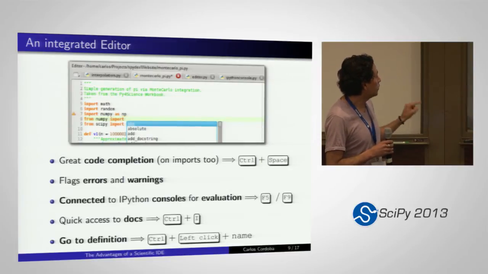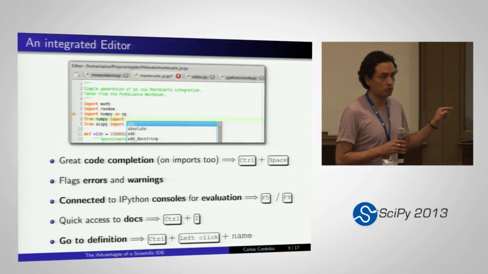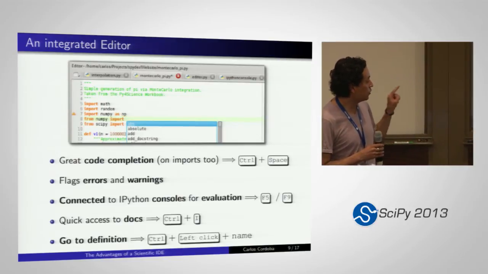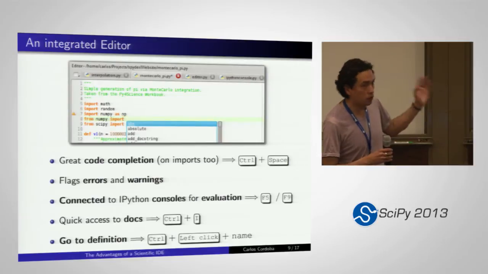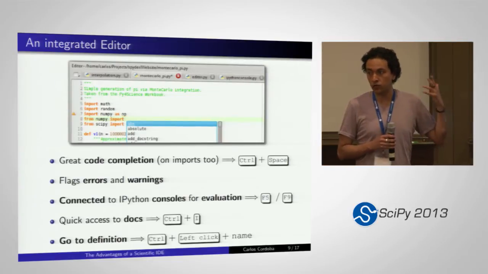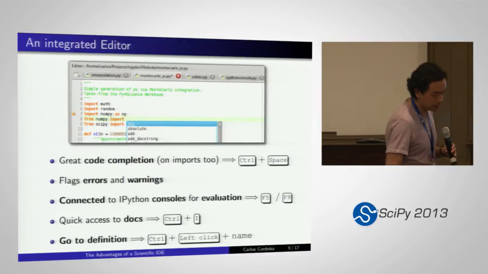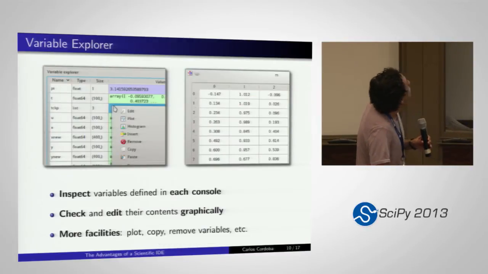And from the editor, you can have quick access to the documentation widget that I showed with Control-I, and you can go to the definitions of the functions, methods, and classes that the user has imported using mouse left click and the name of the function.